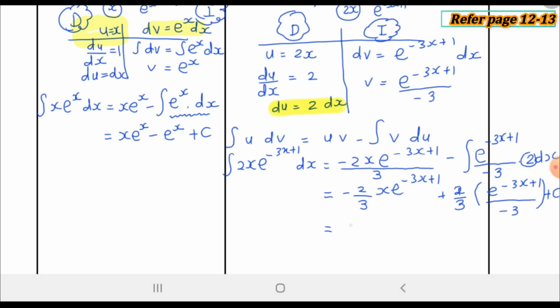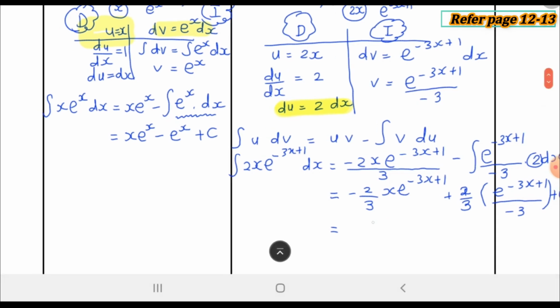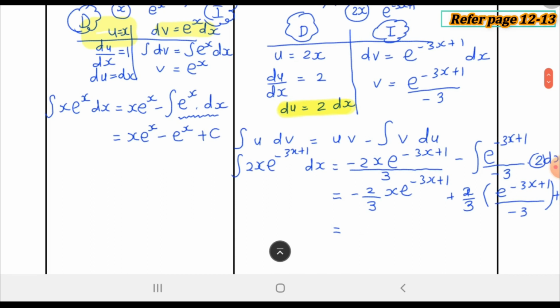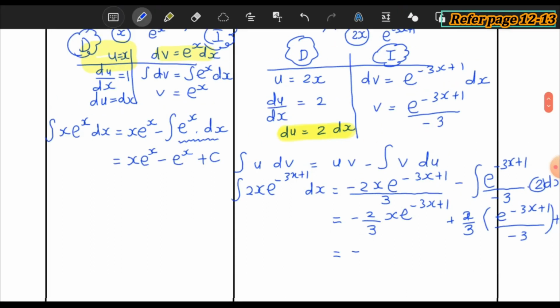So we will get negative 2 over 3x exponent negative 3x plus 1 minus 2 over 9 exponent negative 3x plus 1 plus c.